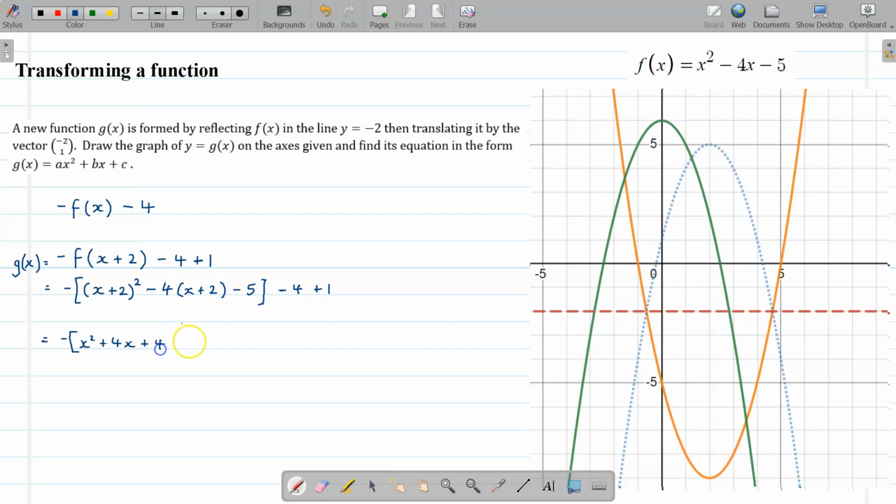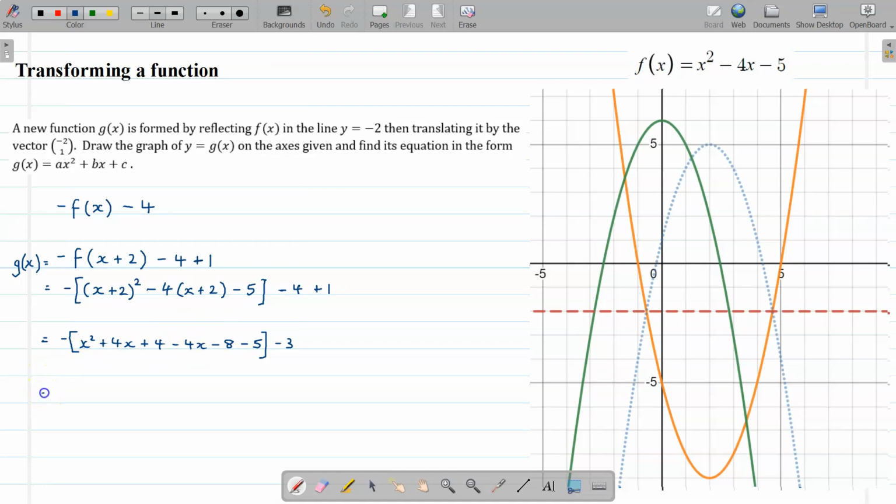Now I'm going to do this part, which is to take away 4x and to take away 8. I've still got to take away the 5. Then I've got to close that bracket, take away the 4 and add the 1, which is the same as taking away 3.